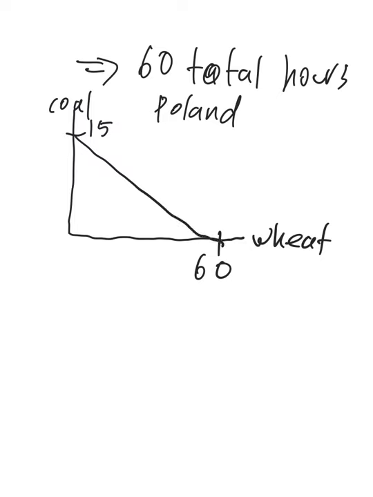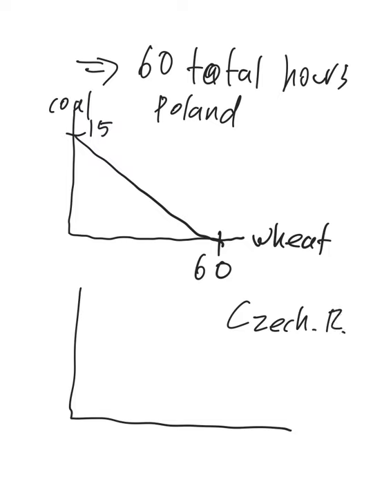So what we've done is we have converted the awkward statement of the problem in terms of labor hours into the familiar production possibility frontier diagram, and now we can work with that the usual way. And in a similar way, if you go to the Czech Republic, then its diagram will look like this.